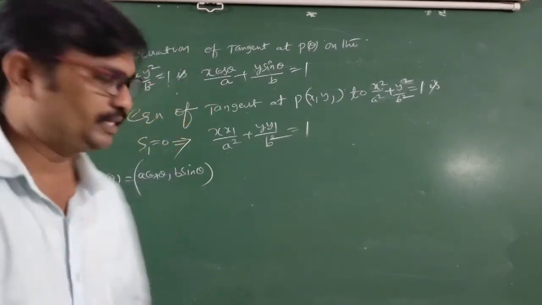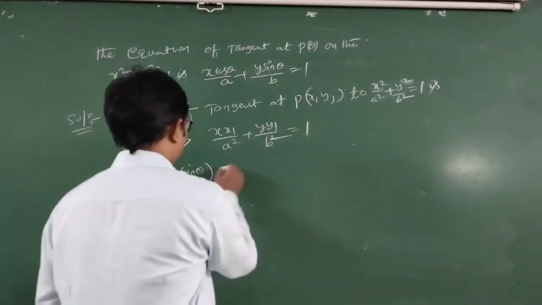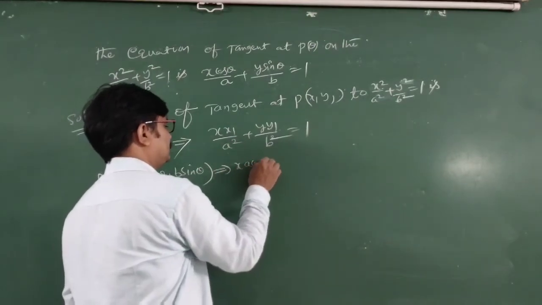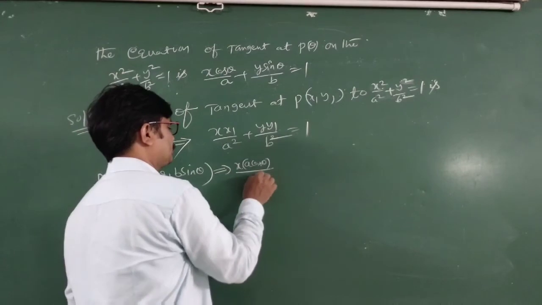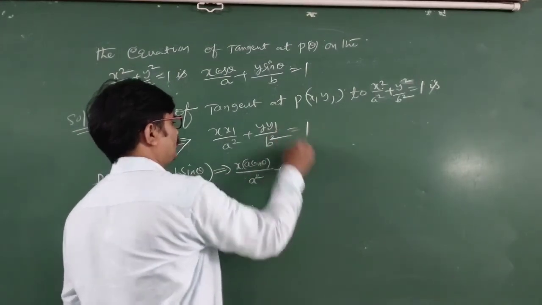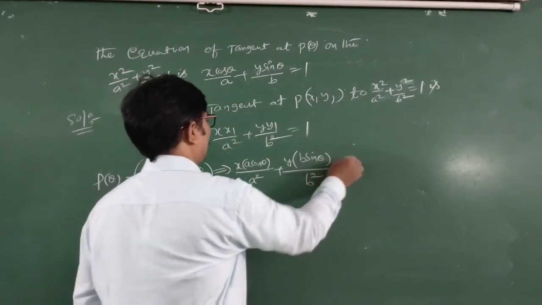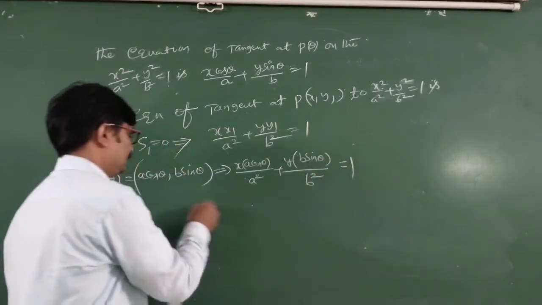Substituting here, x1 is a cos theta upon a square, and y into y1 is b sin theta upon b square, equal to 1.